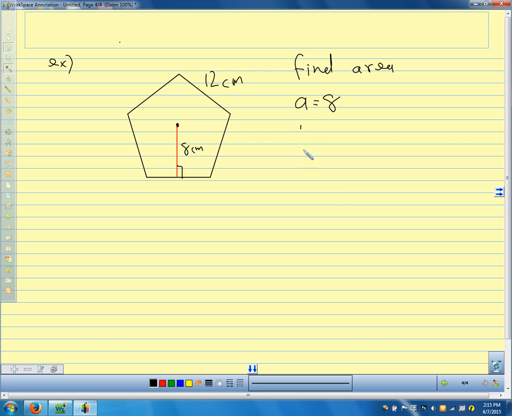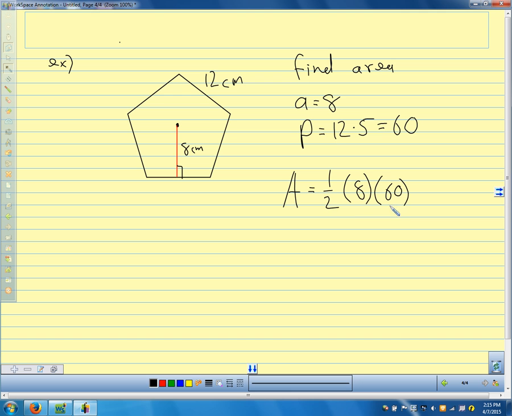And the perimeter, how do we find the perimeter? 12 times 5. Each side is 12, and we have 5 of them. And 12 times 5 is 60. So the area equals 1/2 times 8 times 60.